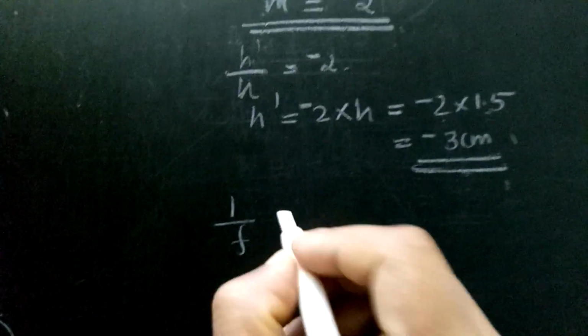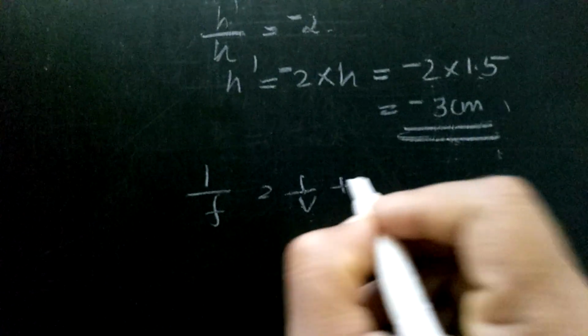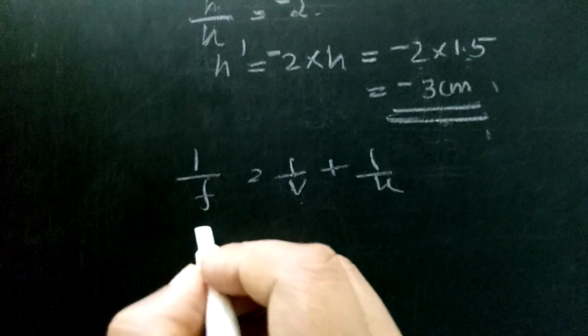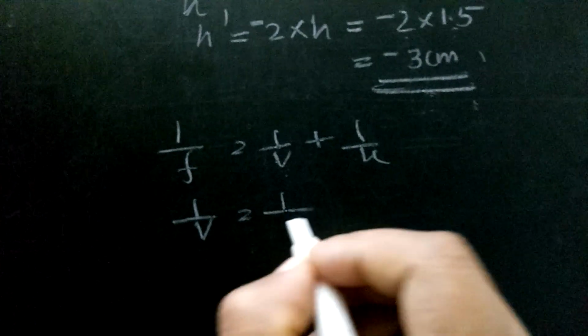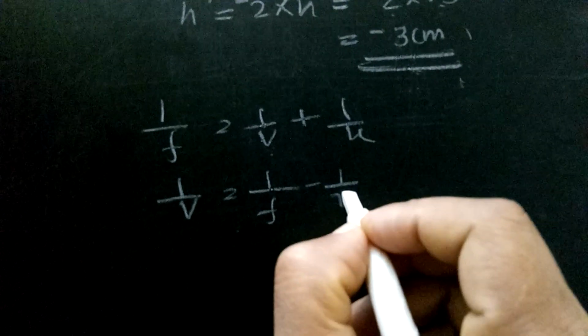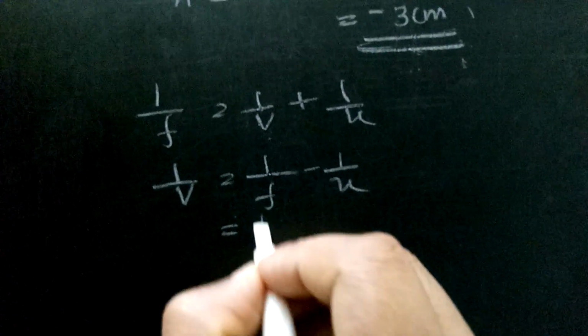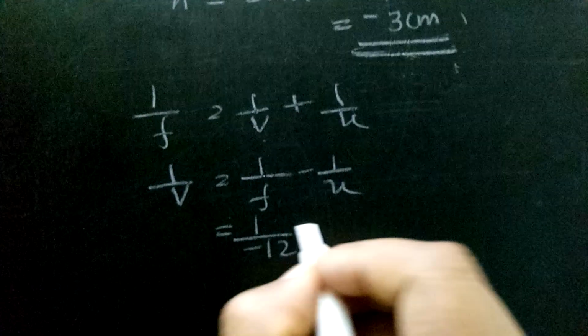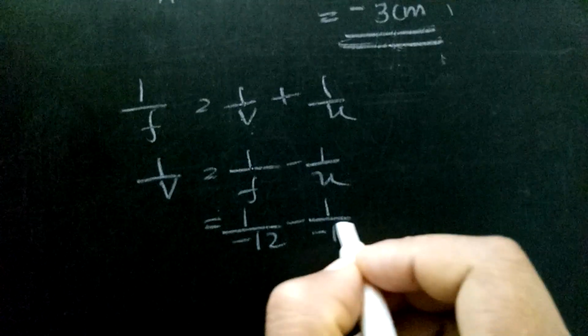1 by v is equal to 1 by f minus 1 by u. So that is equal to 1 by negative 12 minus 1 by negative 10.